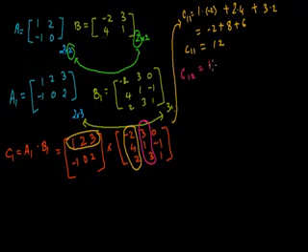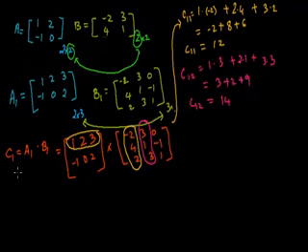Again, 1 times 3 plus 2 times 1 plus 3 times 3. That is equal to 3 plus 2 plus 9. 3 plus 2 is 5, 5 plus 9 is 14. So C12 is 14.